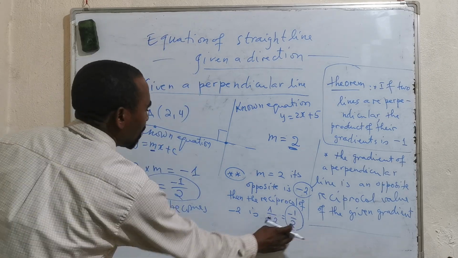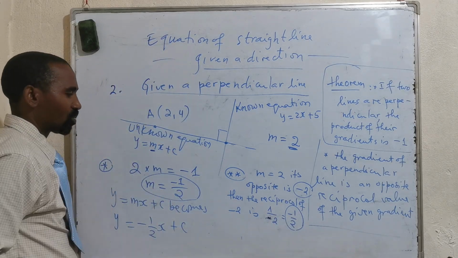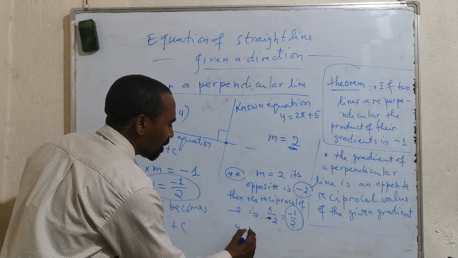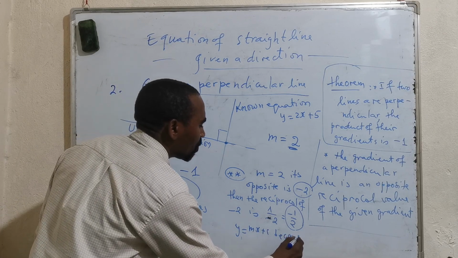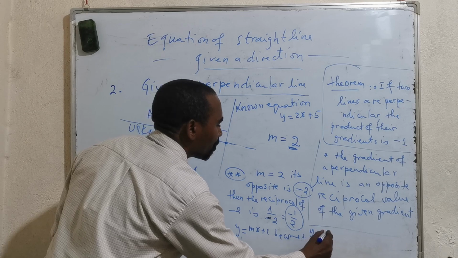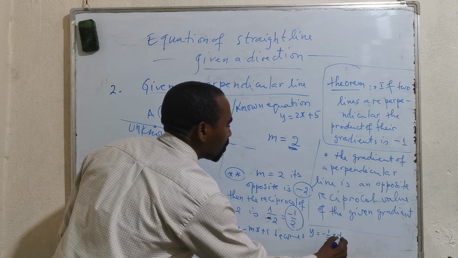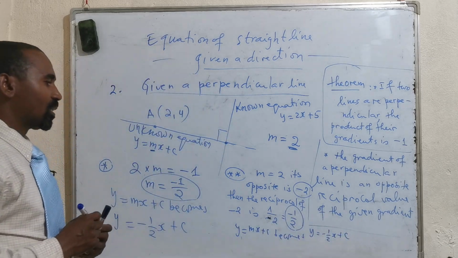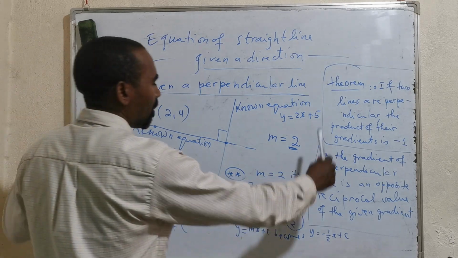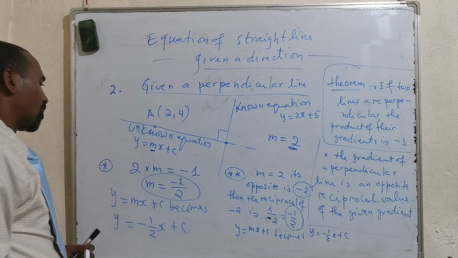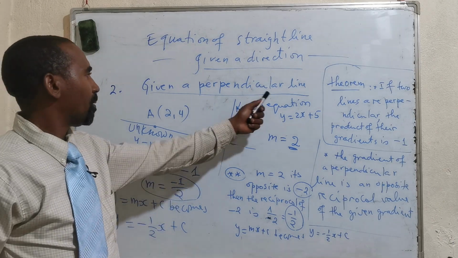You see, this gradient is the same as the previous one, and we replace it in y = mx + c. The next step now is to calculate the constant. This was the way that you can find the gradient given a perpendicular line.